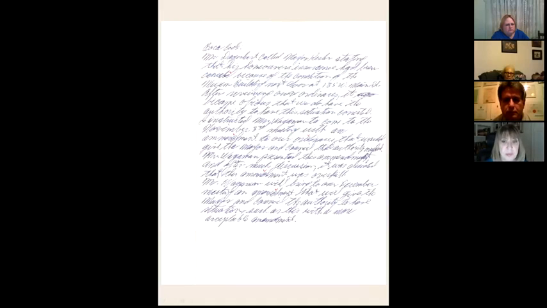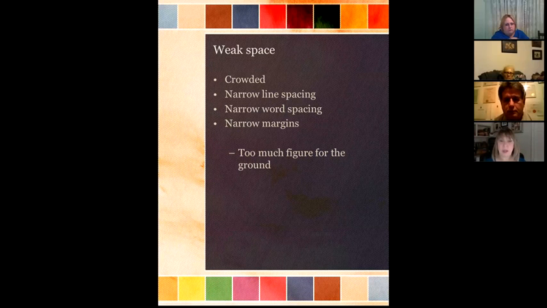It's too narrow. So the whole writing is just taking over the space. Okay, now what does that mean? We're calling it weak space because there's too much figure. We don't see enough white space. So when a writing is crowded, it's called a weak picture of space.